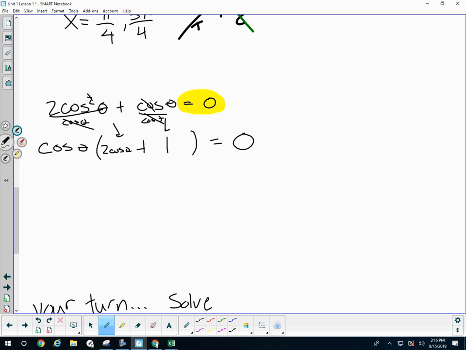Now, the zero product property states that if one piece of a product is 0, the entire thing is 0. So that enables us to create 2 separate equations. This piece set equal to 0, and this piece set equal to 0. Go ahead and solve both of those.